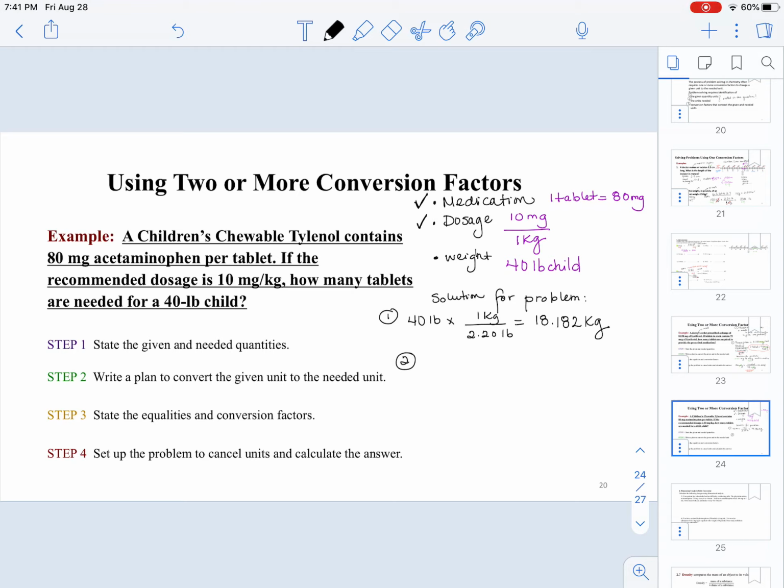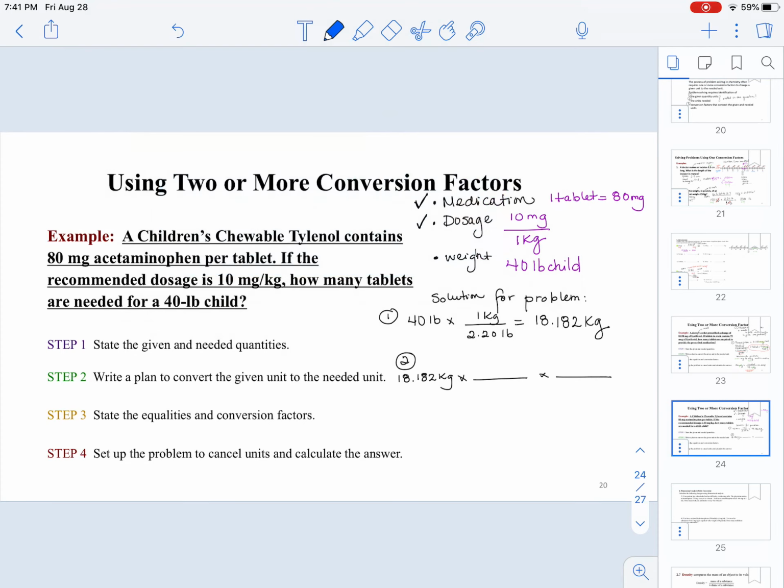How do we do that? Well, we write the result of step 1, which is 18.182 kilograms. Then we use the 2 conversion factors that we have. That's why dimensional analysis is so important.